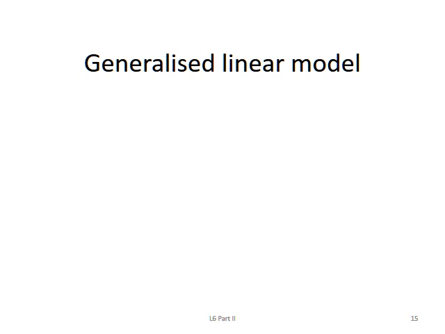We can summarize the generalized linear model through the three components as follows. Y is the random component, the response variable, which is a member of the exponential family.